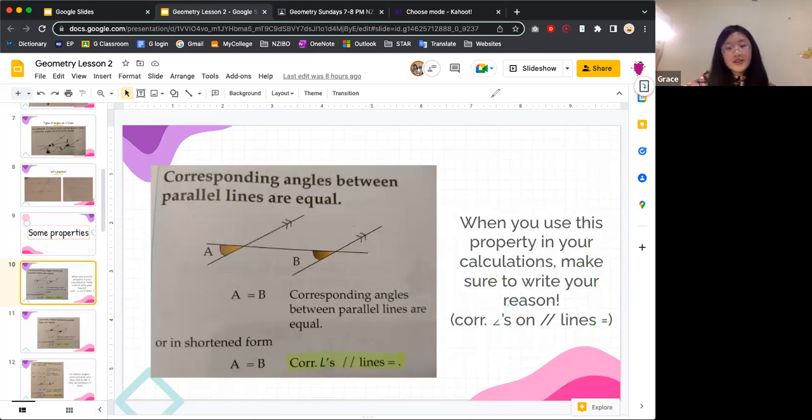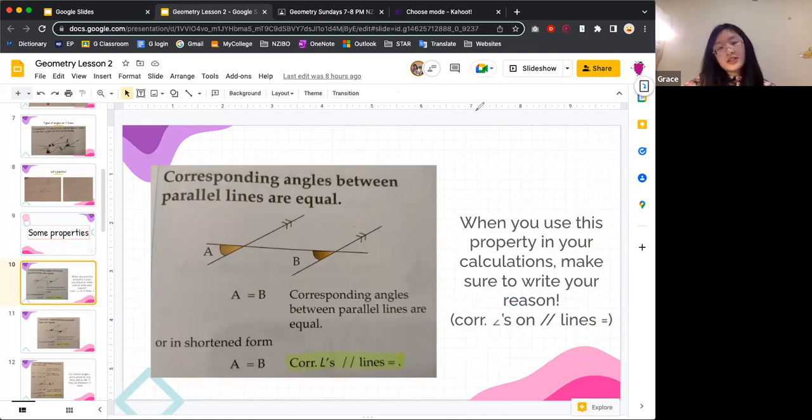Okay. So as you could probably tell, we had corresponding angles and they looked about equal, right? And it does make sense because they're lying on the same positions. So corresponding angles are always equal.